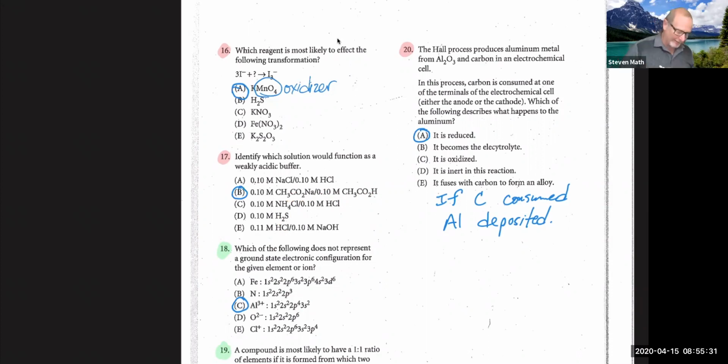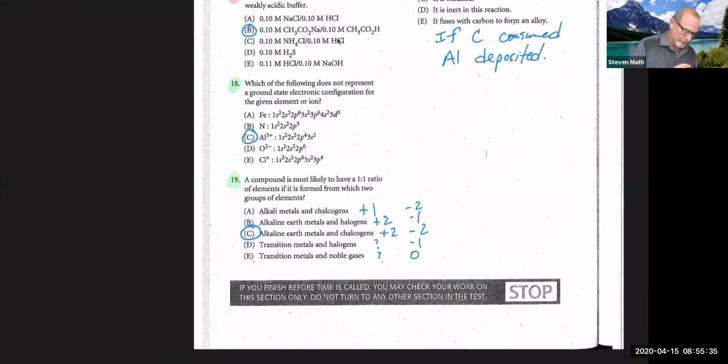Okay. 18, good question, easy question. Would expect a lot of success on this. It's the ground state, so we're not skipping anything for the given element or ion. Iron is good, nitrogen good, oxygen ion, yes, it ends in 2p6, okay? A chlorine cation. Good luck doing that.